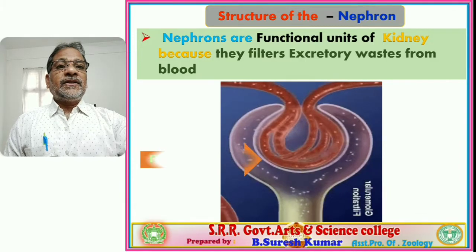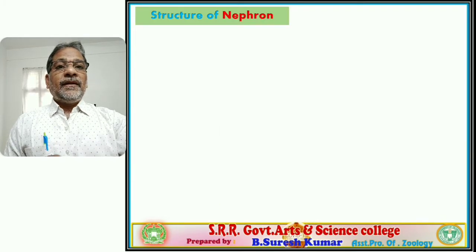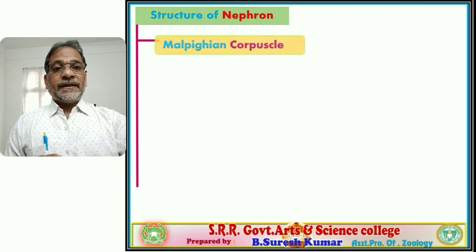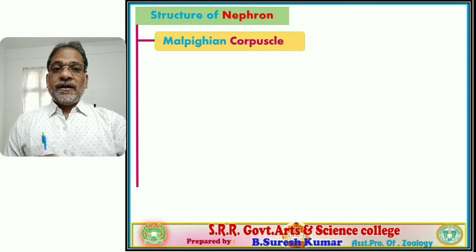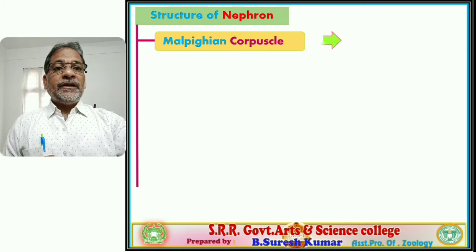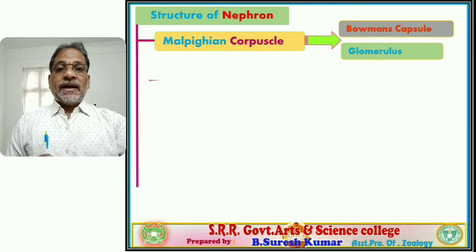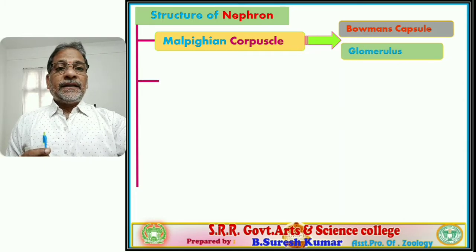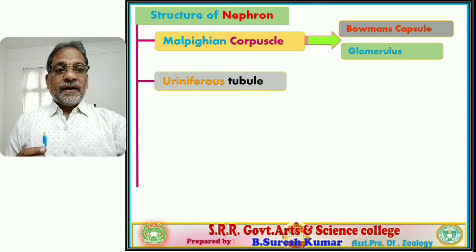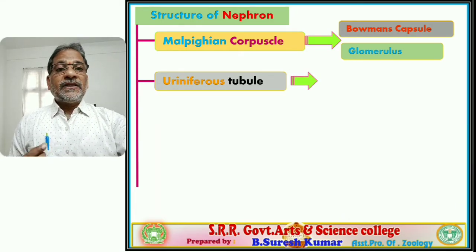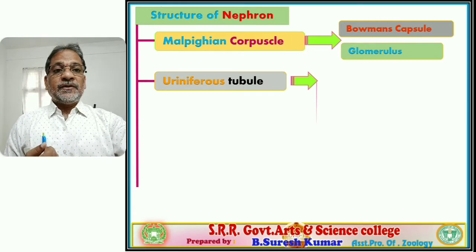Next, if we observe the structure of the nephron, it includes various parts. They are the Malpighian corpuscle, which includes the Bowman's capsule and glomerulus, and after that the uriniferous tubule. It is a long coiled tubular structure, and along its length various parts are associated.